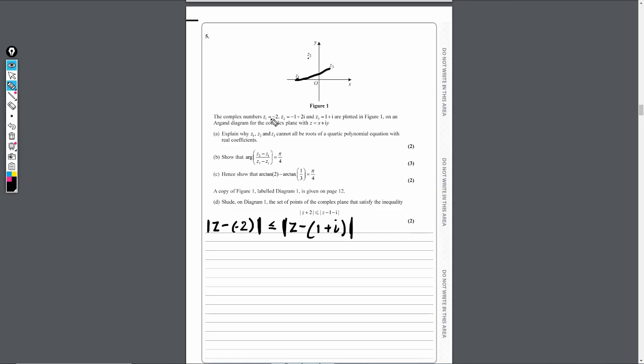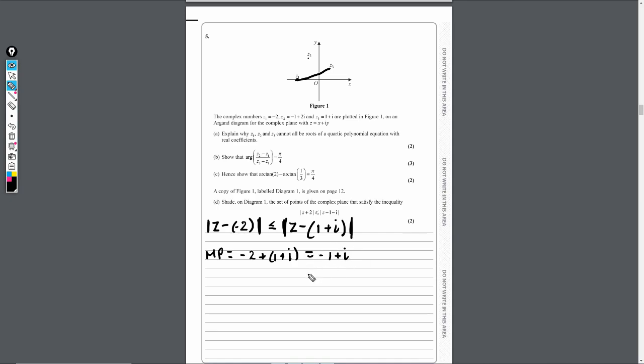So if we work out the midpoint, so if I just call it MP, well, that'll just be the average of z1 and z3. So if I add z1 and z3 together, that's going to be -2 plus 1 plus i. Okay, well, doing that, that's just going to give me -1 plus i.